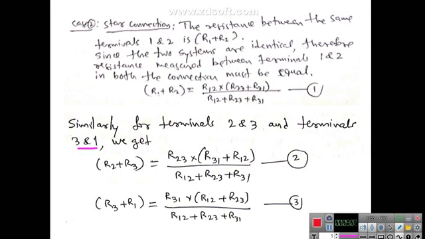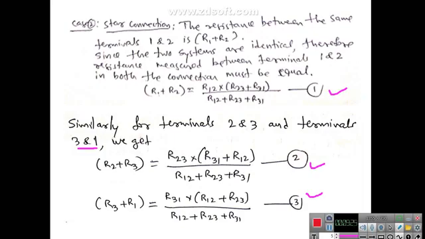So equation number 1, equation number 2 and equation number 3 are nothing but measuring the resistance between the pairs of terminals 1 2, 2 3 and 3 1, and equating them.